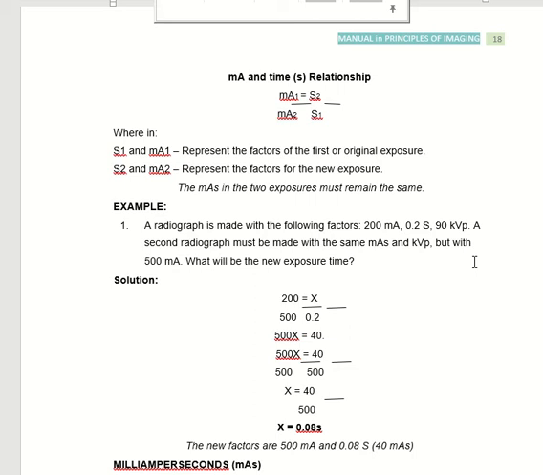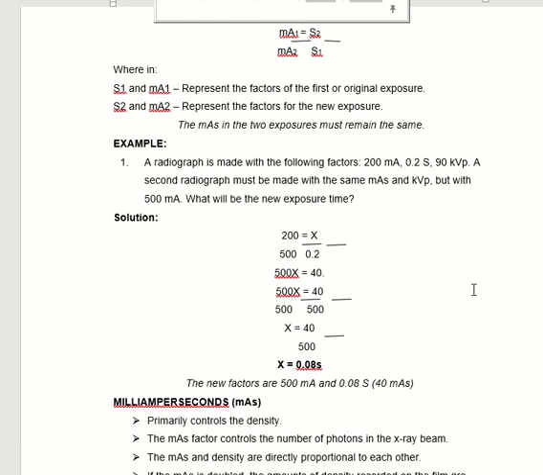Like the old time, the new time, the old mA, the new mA. So sub 1 represents the first or original exposure, and sub 2, S2 and mA2, represent the factors for the new exposure.